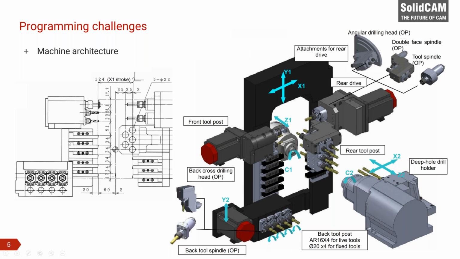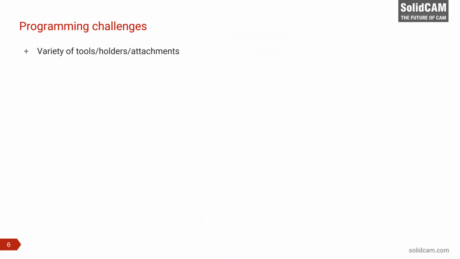You can even add an additional attachment after you got the machine to your shop floor. That means we have very various functions for the machine, and the working zone can also differ even if the name of the model of the machine is the same. You can have two machines with the same model name, but the construction or what you have inside the working zone attachments may really differ.